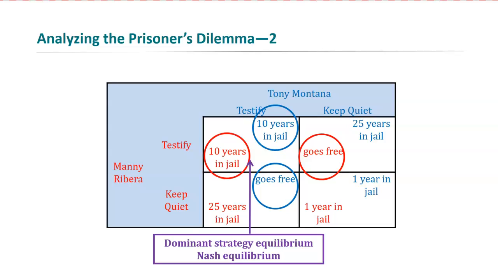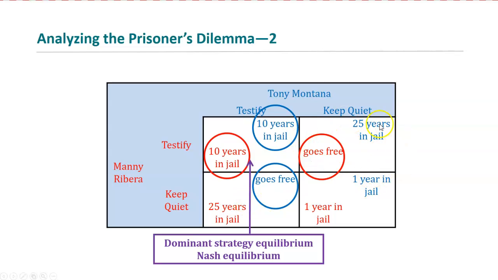So when they choose their dominant strategy, they each testify, then we're in this box up here, this cell, and that's our dominant strategy equilibrium. It's also the Nash equilibrium. This is the place where at the end of the day, when everyone shows their cards, no one has any regrets, right? And you can walk through the other cells of this table and see that that's not true.